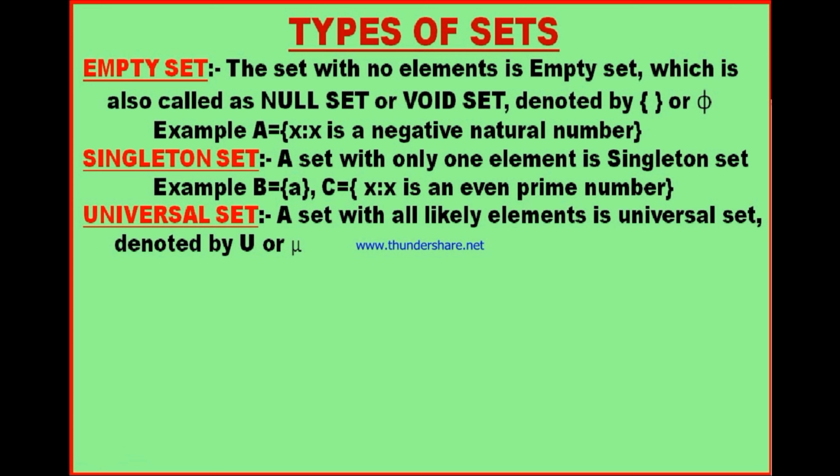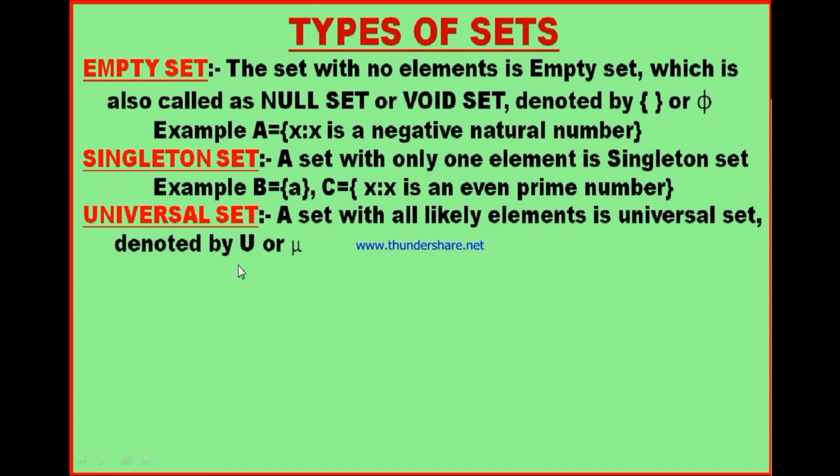Therefore, if we consider the total set of students in a school as the universal set, from this universal set you can pick up the remaining sets. Means a set with all likely elements is a universal set. From this universal set only you can list out the remaining sets.